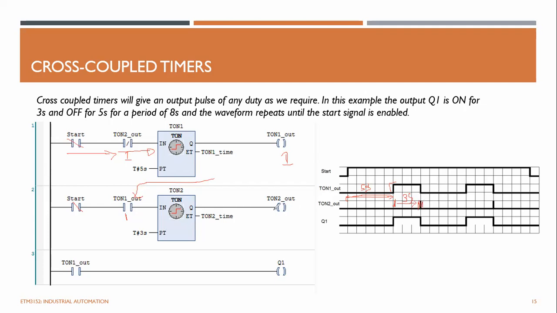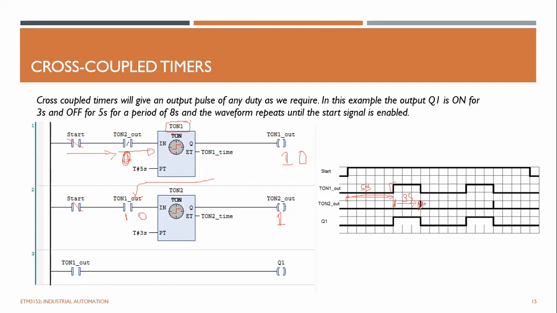It is trying to set this output high, but when it goes high here, this is connected to the normally closed contact. This one becomes immediately 0, which means the T on 1 timer will be reset, which means this one becomes 0, and the T on 2 timer also becomes 0.